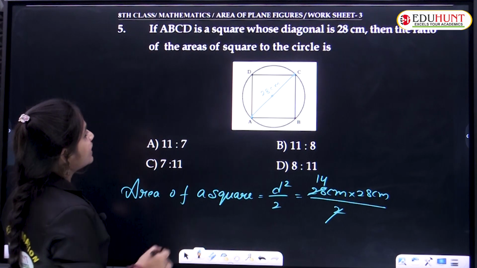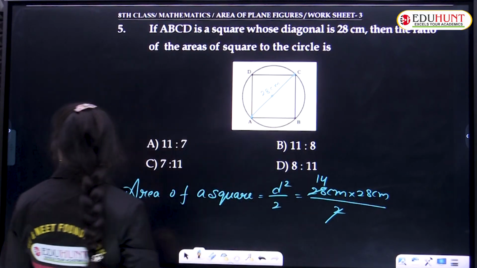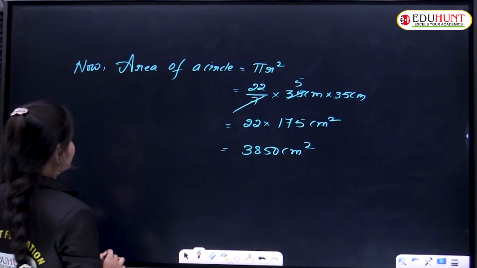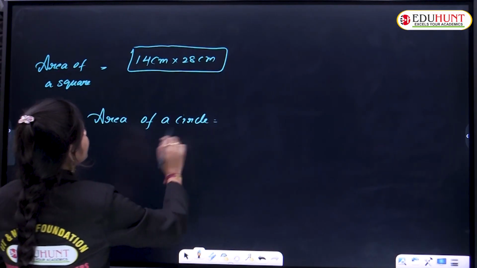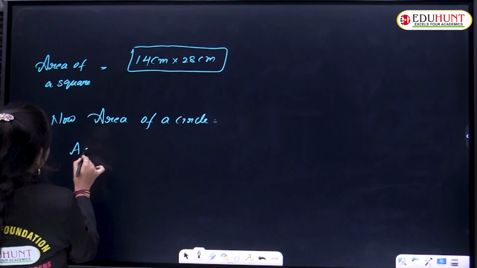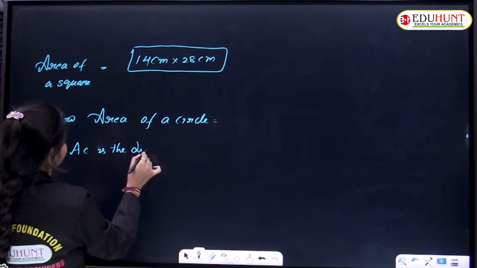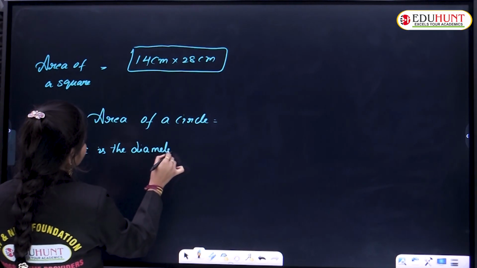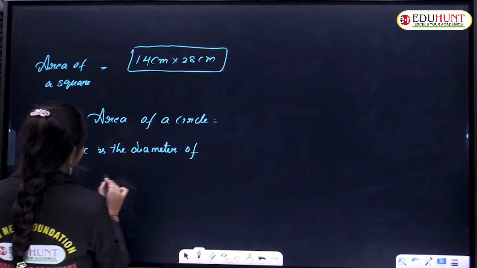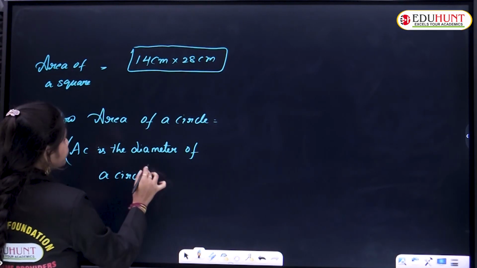That's why here we can write that AC is the diameter of the circle.